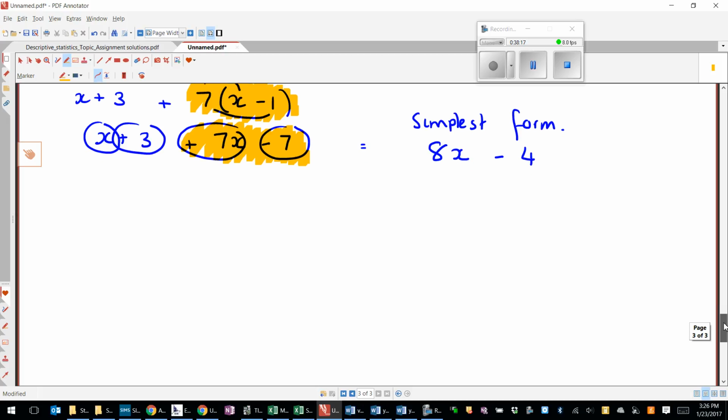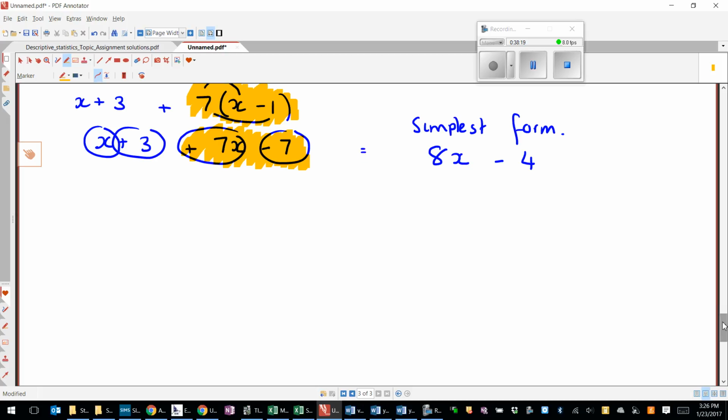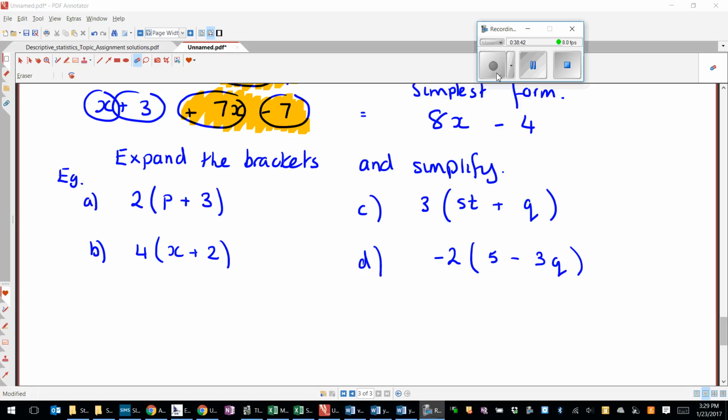Okay? So what I'll do is I'll give you a couple that are just expanding the brackets. So, for instance, let's do 2 lots of p plus 3. Let's pretend we've just got that. Expand the first one.